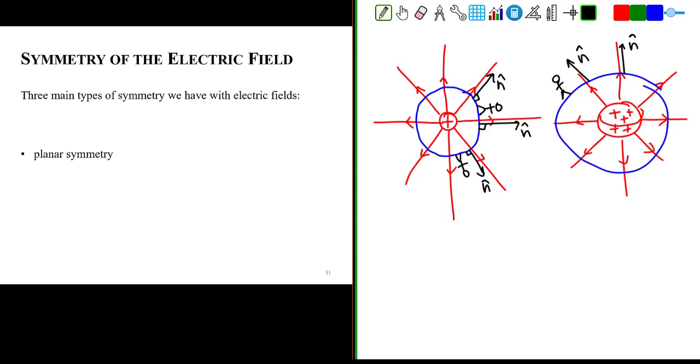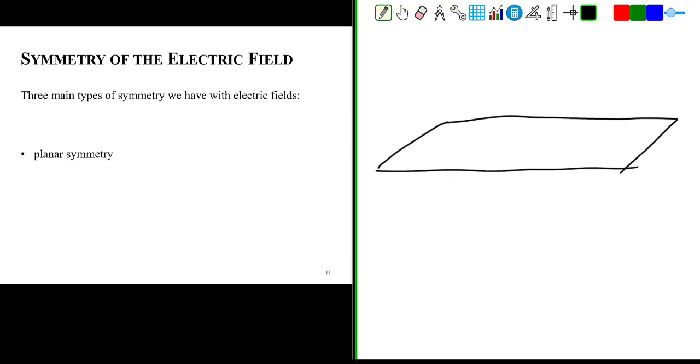Another common type of symmetry that we have with electric fields is planar symmetry. Planar symmetry is due to an infinite plane of charge. So imagine a sheet, a two-dimensional sheet of charge.